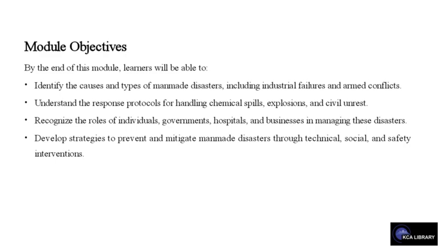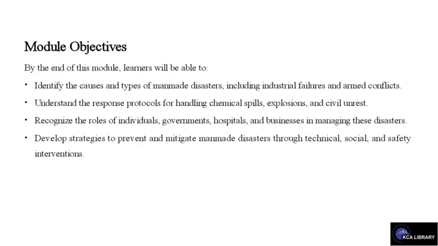Now, for this module's objectives, you'll be able to learn how to identify the causes and types of man-made disasters, including industrial failures and armed conflict. You'll also be able to understand the response protocols for handling chemical spills, explosions, and civil unrest.